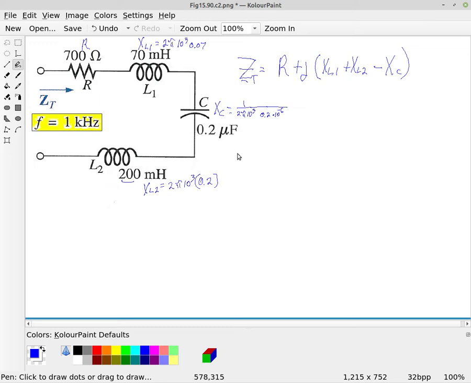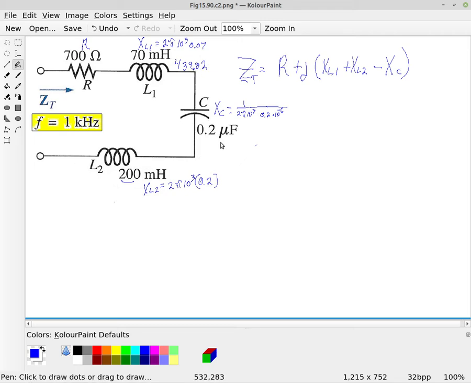And so if we calculate those, X of L1 is 439.82 ohms.